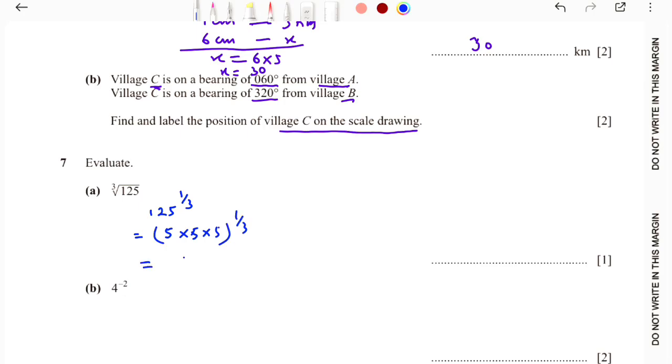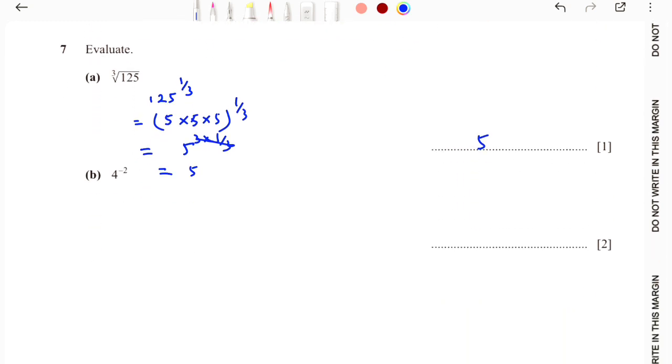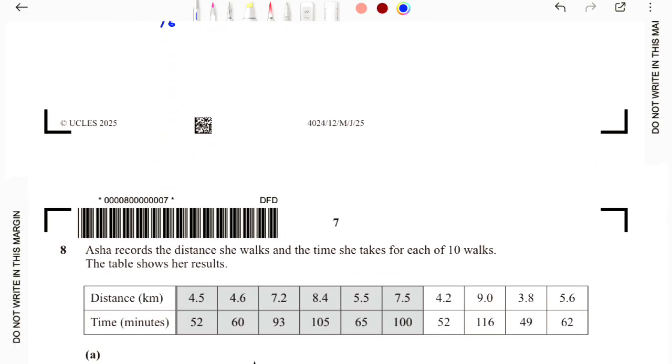So it would be 5 raised to power 3 into 1 over 3, and the answer would be 5. Next question. 4 raised to power minus 2. Just reciprocate it. It would be 1 over 4, power would be positive. So it would be 1 over 16. A very simple question. Next question.